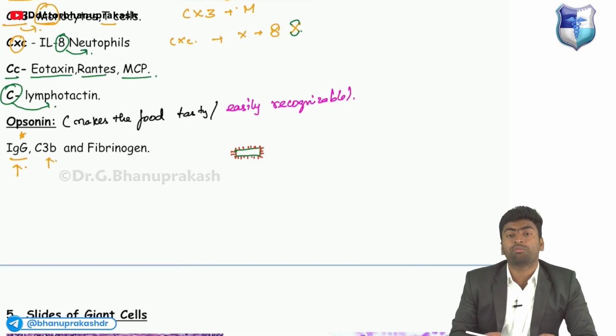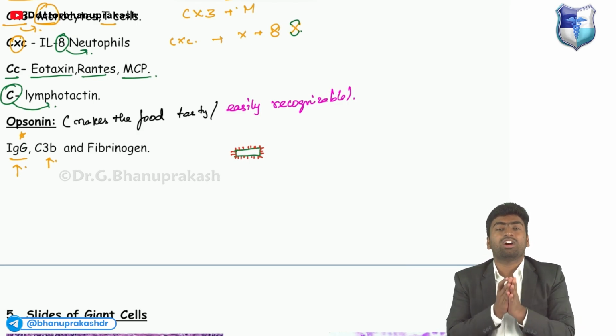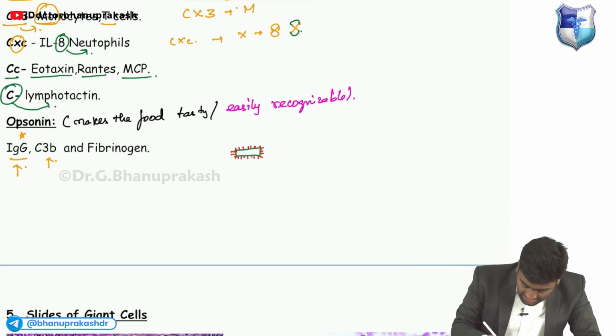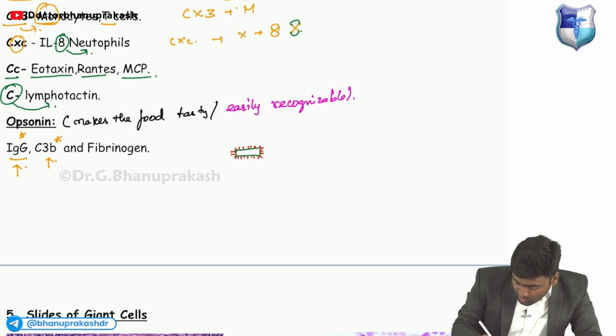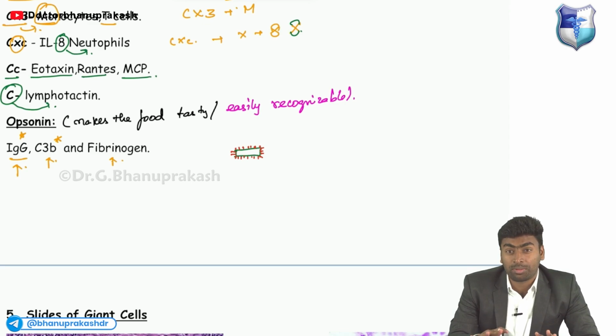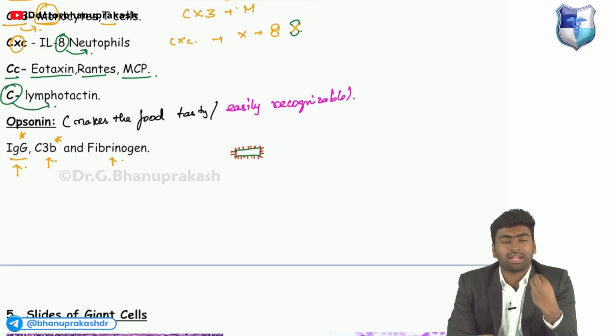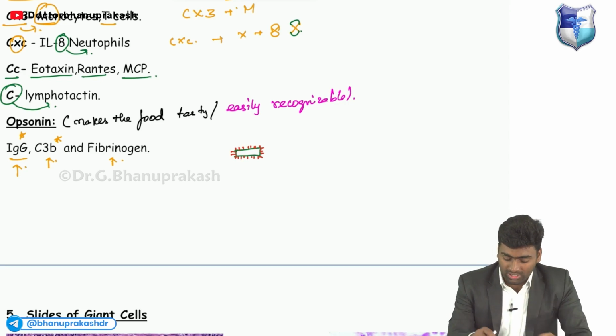Sometimes they will ask which of the following complement proteins is the most important opsonin. It is C3b, and there is one more, fibrinogen. So all of them are opsonins. They make the microbes easy to identify for macrophages and other cells. That is the thing.